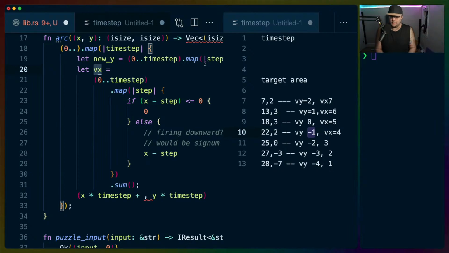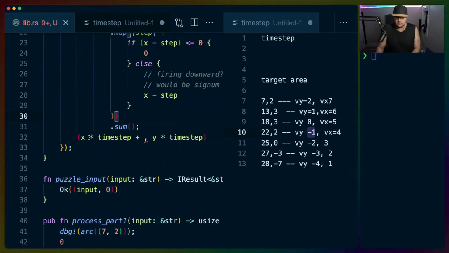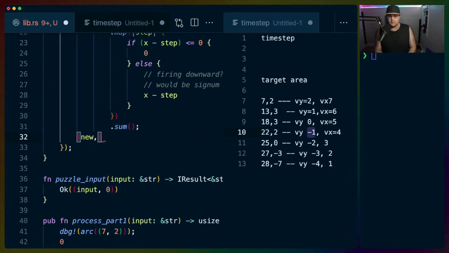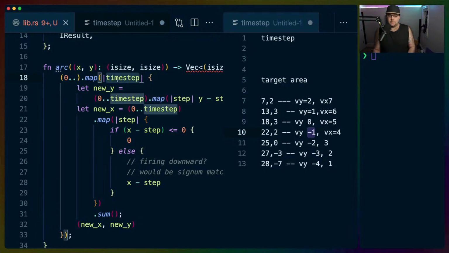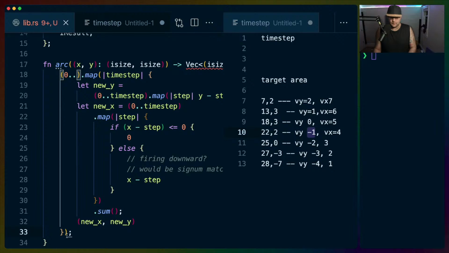And then this is going to be new X, right? So this is actually just new X, new Y. So I wrote the equation for finding it at a particular timestamp. An inefficient way to do that anyway.